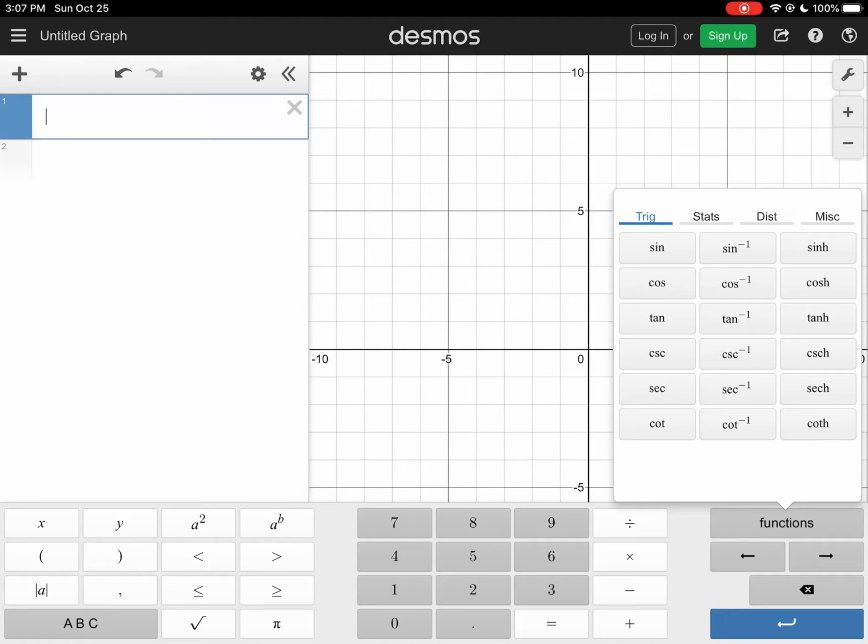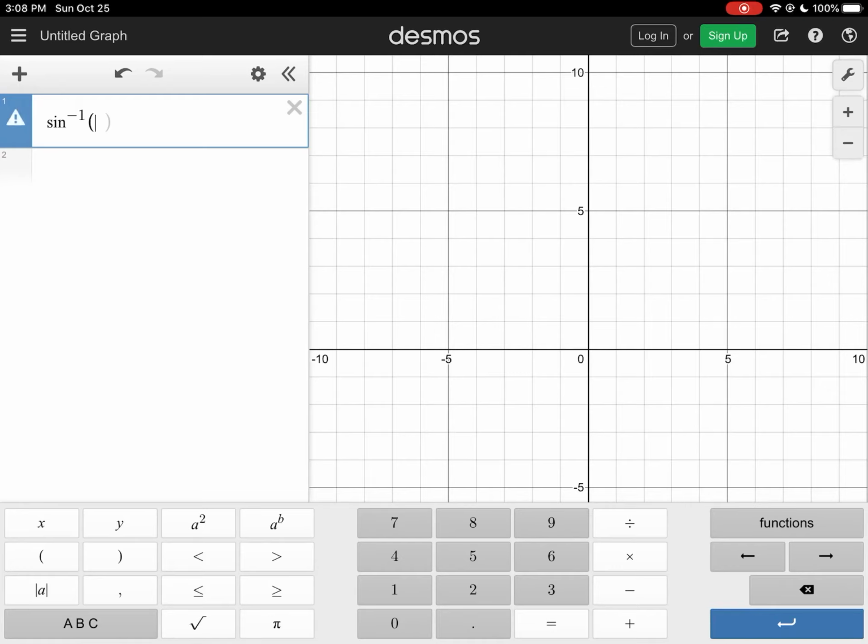We don't write it like that. You just have to remember, if I'm looking for the angle, if they have not given me the angle measure, then I hit this middle column. So we're looking for the angle with sine, so we want to use the inverse sine. And it'll look like that.